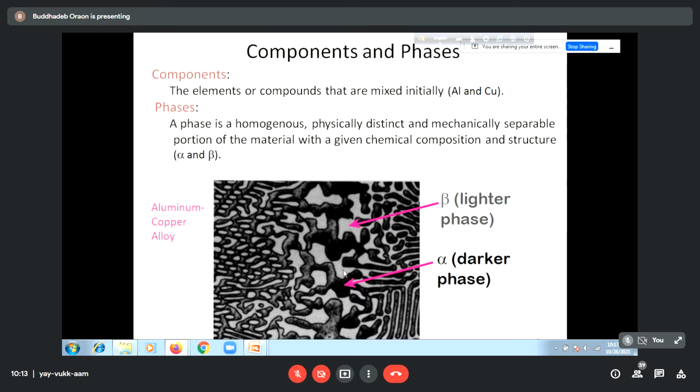So when this alloy is existing in solid phase, obviously you will see the two different phases, we call alpha phase and beta phase. See this composition and the microstructure will be different for different percentage of composition. So that we will discuss in detail how it changes.